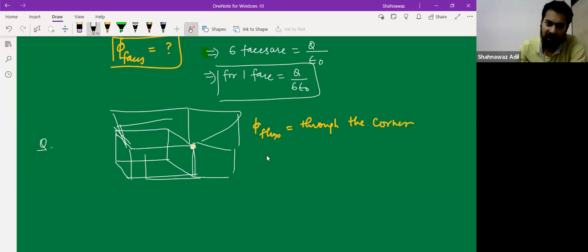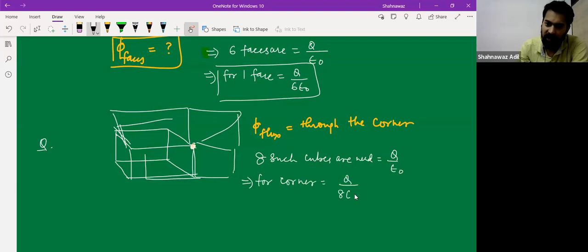So eight such cubes are needed to keep this in the center. Okay, so this would be Q by epsilon naught, right? So for the corner, this would be Q by 8 epsilon naught. Did you understand this logic?